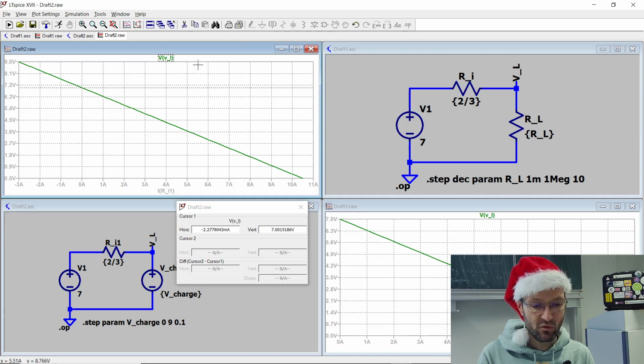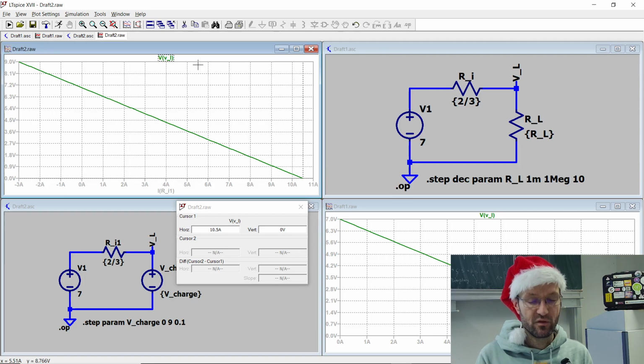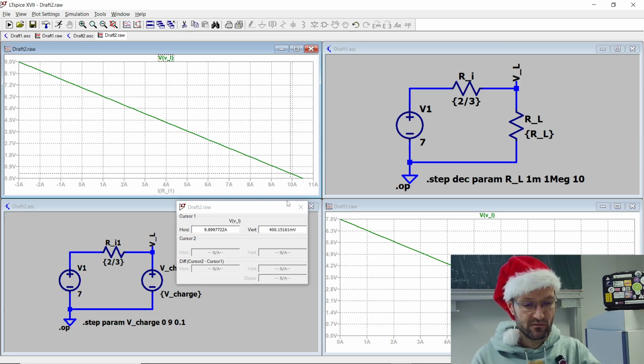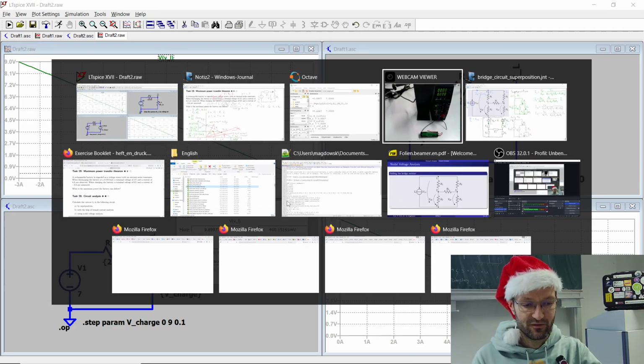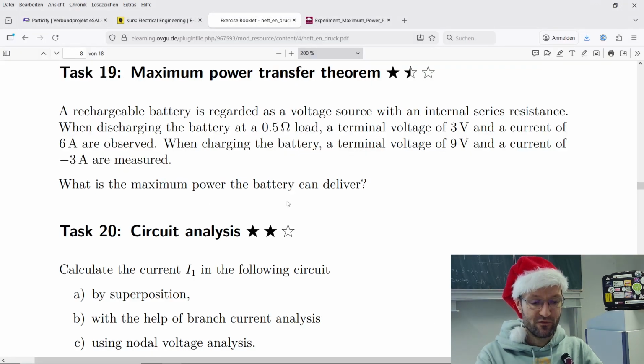Here at the 0 we have, not exactly 0, but minus something milliampere, 0 volt. And then we go up to 10.5 ampere and 0 volt of voltage. Okay, this somehow nicely fits. And that's a nice solution of this task number 19 here.